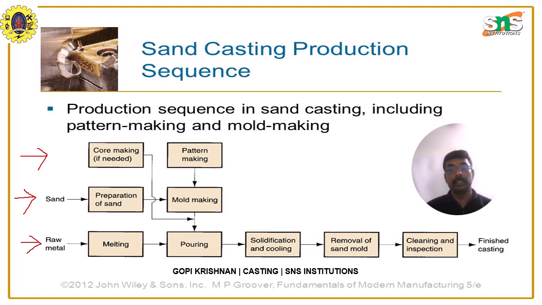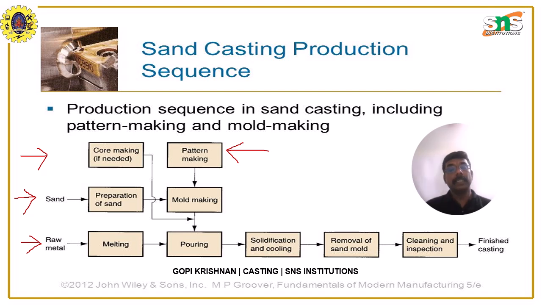inside the cavity. So the pattern is also one of the very important components of the casting process, which is used for the creation of the final product, and the pattern is the replica of the final product we require. We have to place the pattern with a slight amount of pressure inside the molding sand so that we can obtain the impression of the pattern.